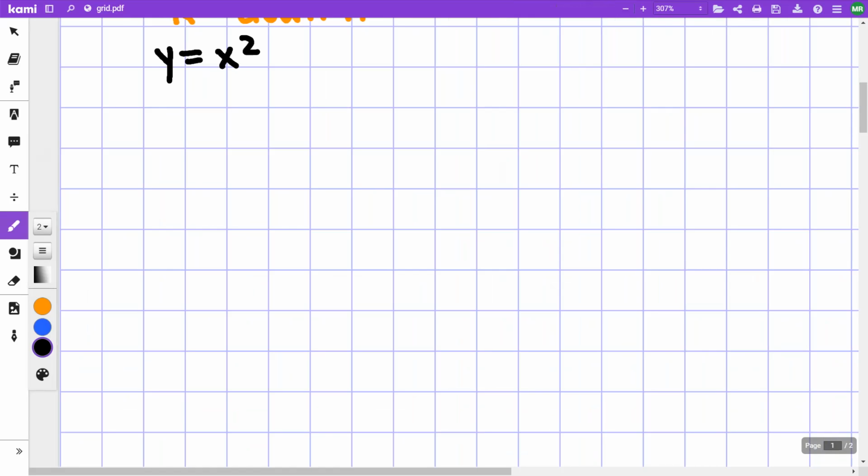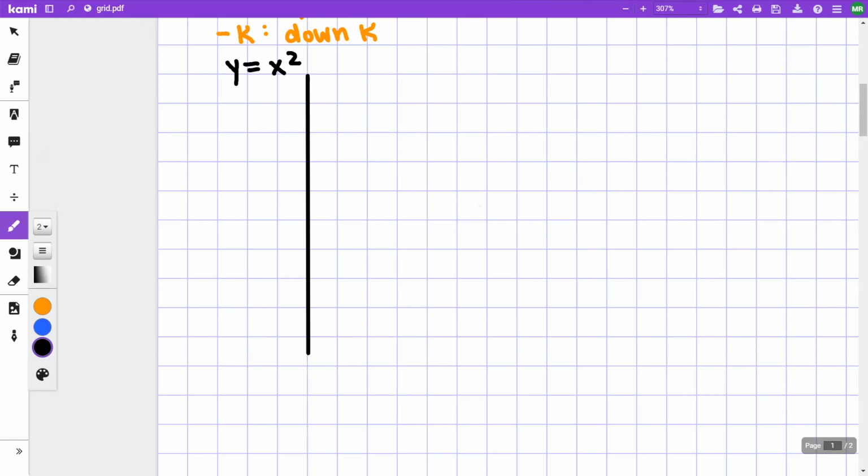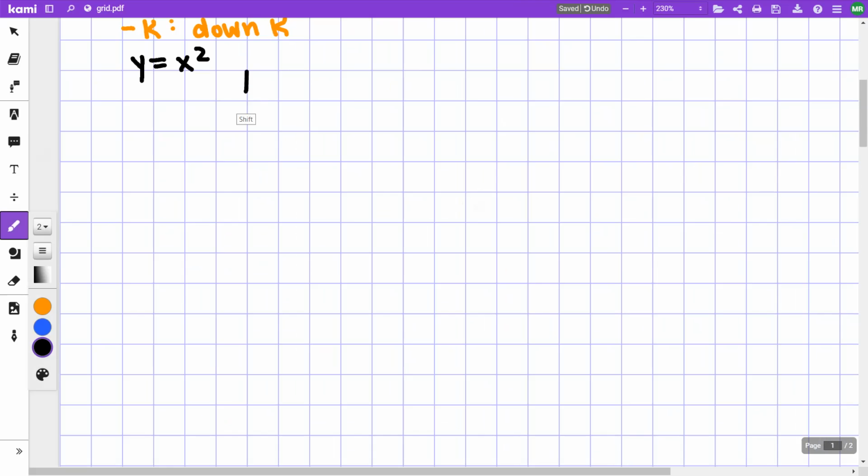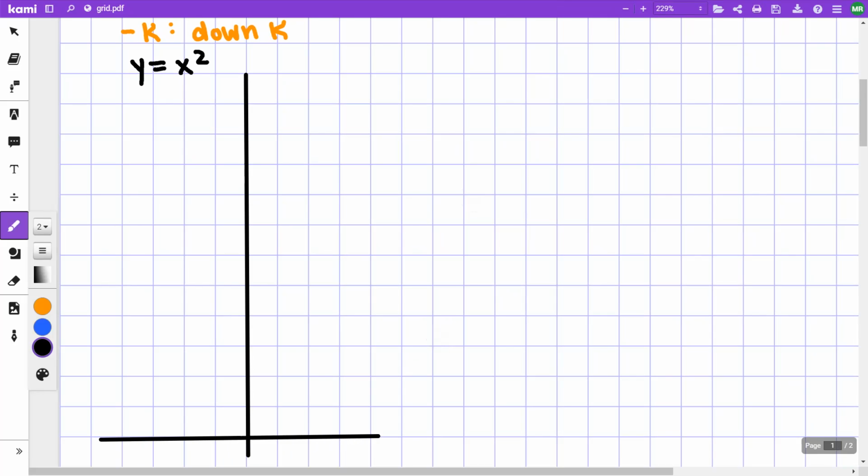So you can draw your x and y axes all the way down where your x-axis is at the bottom of your graph. And when I'm graphing y equal x squared, sorry, I'm thinking about squaring my values.